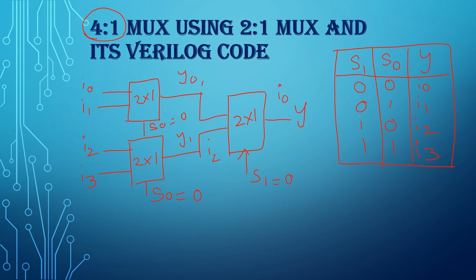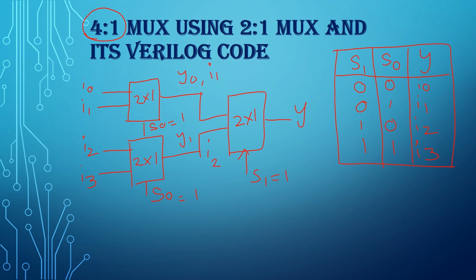Now let's check the other inputs. Suppose S1 is equal to 1 and S0 is equal to 1, and here also S0 is equal to 1, so I1 will get selected, and here S0 is equal to 1, so I3 will get selected.